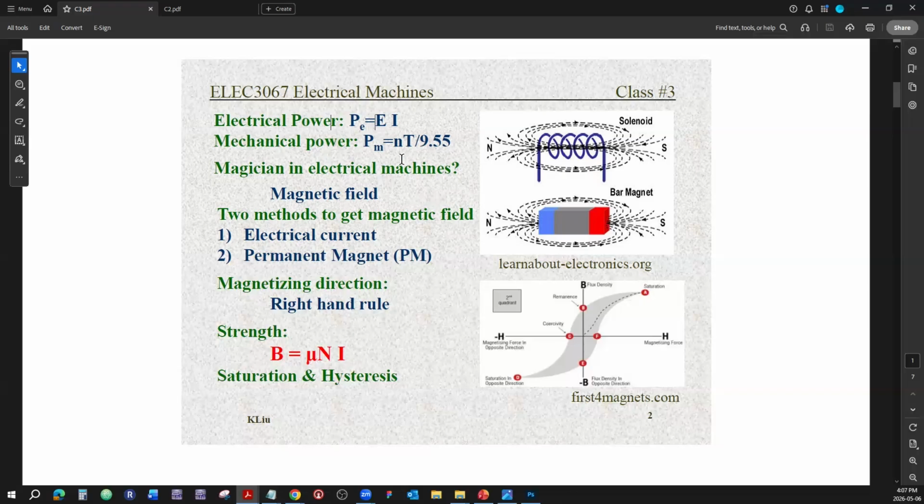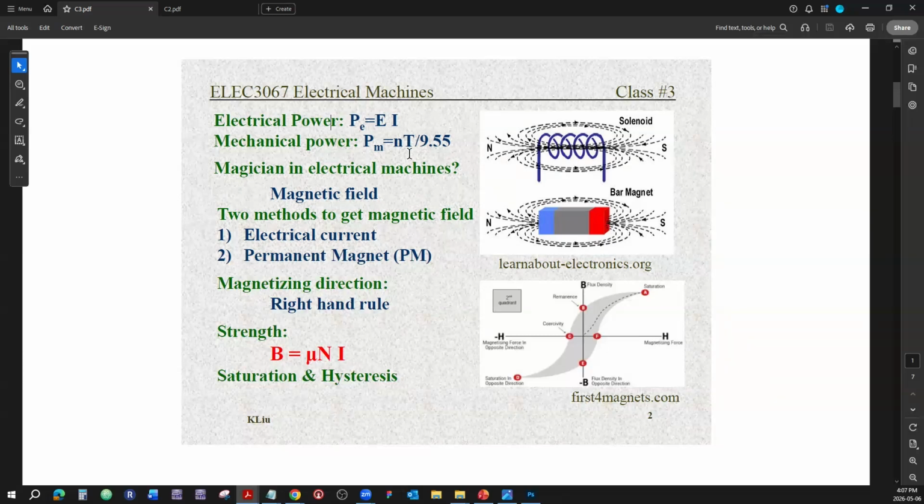Now, mechanical power. We get the N, and the N stands for speed, and the T stands for torque. And the speed, we're talking about the rotational speed, which is rotations per minute.